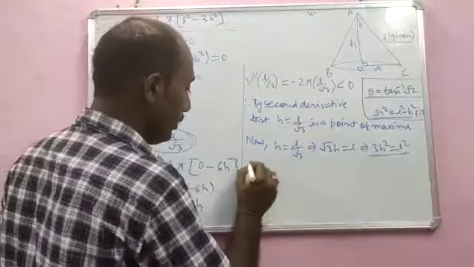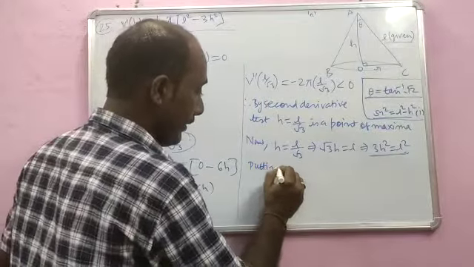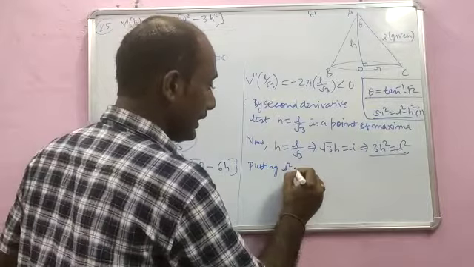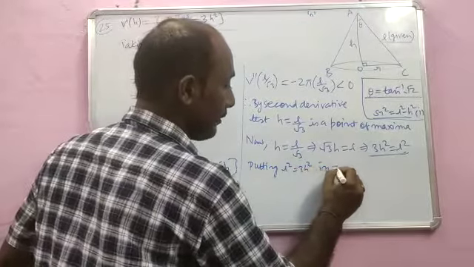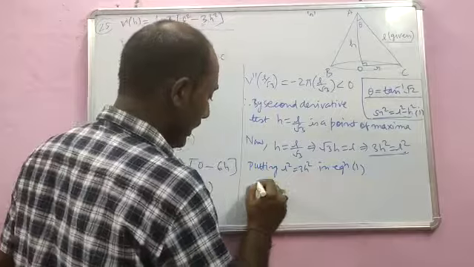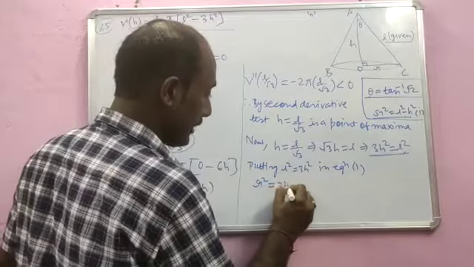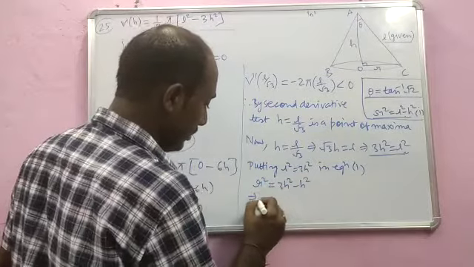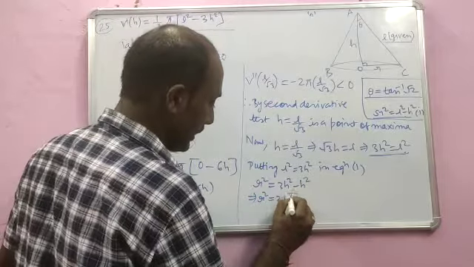So now what we will do, putting L square is equal to 3h square in equation 1. So r square becomes 3h square minus h square. So r square becomes 2h square.